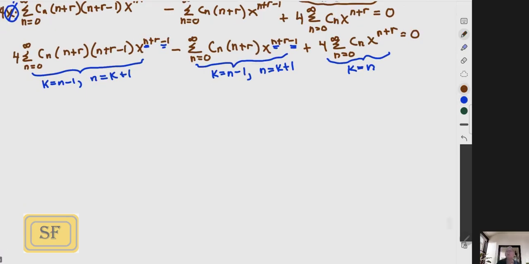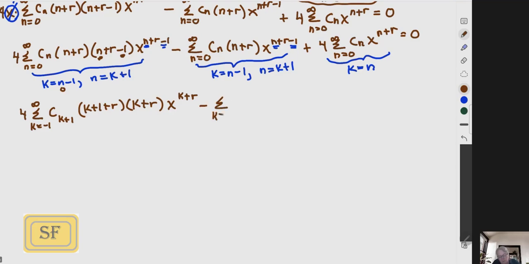And so I'll go ahead and make those substitutions to get 4 times the sum. So let's see, if n is 0, then k is going to start at -1 to infinity c sub n, which is k plus 1, times n, which is k plus 1, plus r, times, let's see, n minus 1 is k. So this will become k plus r, x to the k plus r, minus the sum.